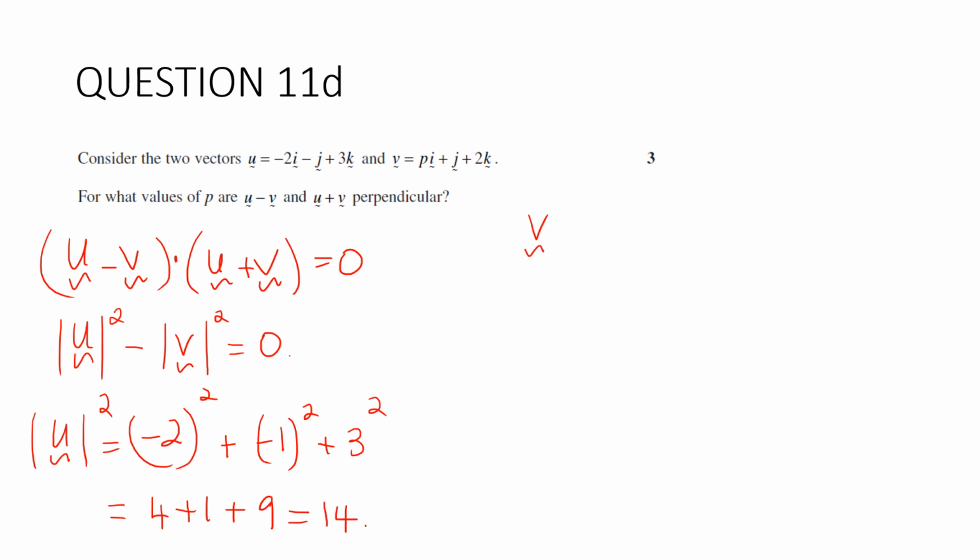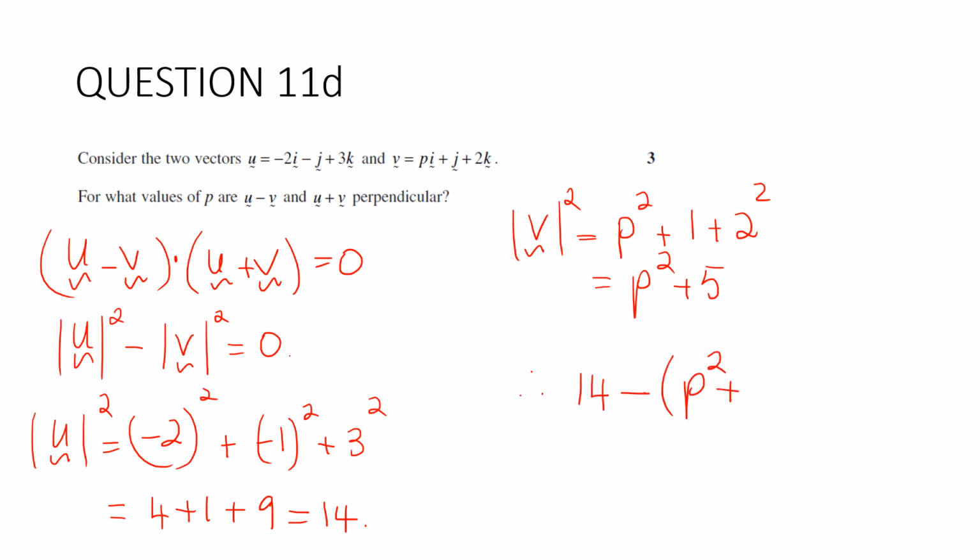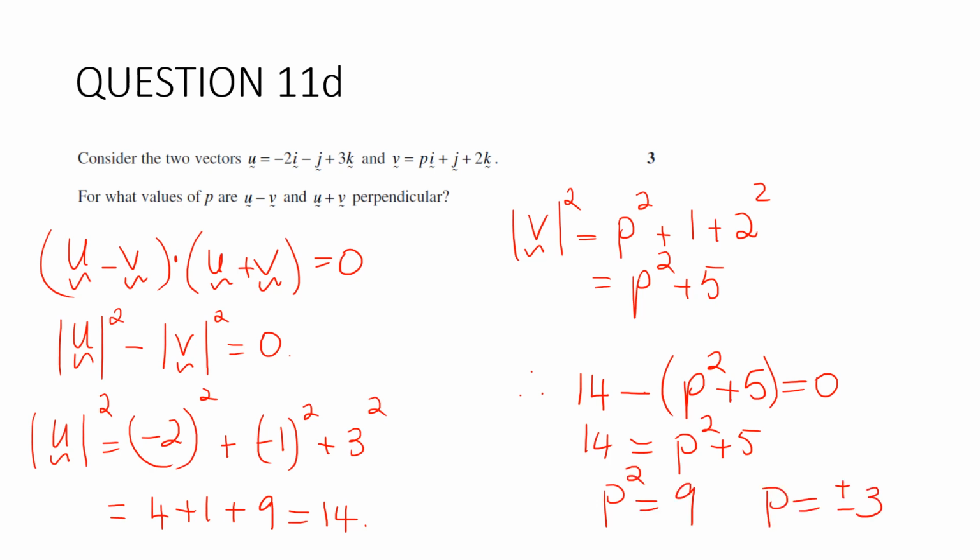And the magnitude of v squared is equal to p squared plus 1 squared plus 2 squared, which is p squared plus 5. So therefore, 14 take away (p squared plus 5) has to equal 0. 14 equals p squared plus 5. p squared is equal to 9. p is equal to plus or minus 3.